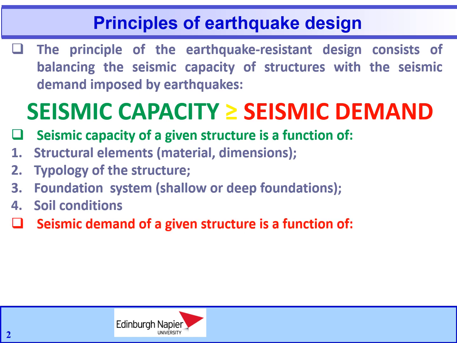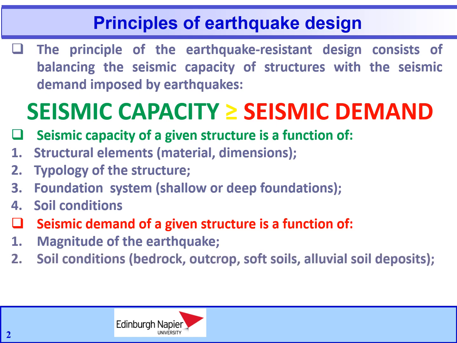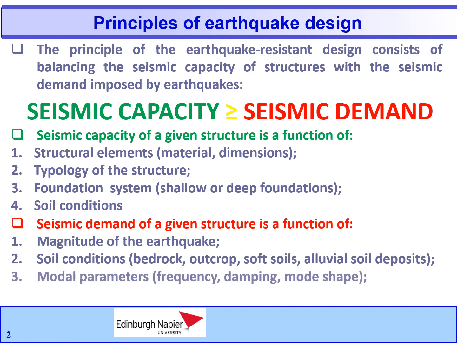The seismic demand of a given structure is a function of the magnitude of the earthquake, the soil conditions where our project is based, the modal parameters, like the frequency, the damping, and the mode shape for our construction, and the foundation flexibility.